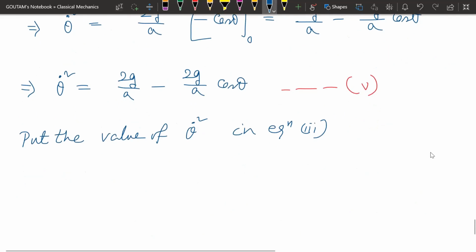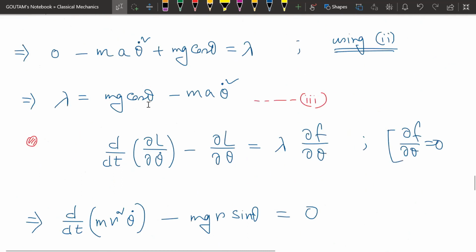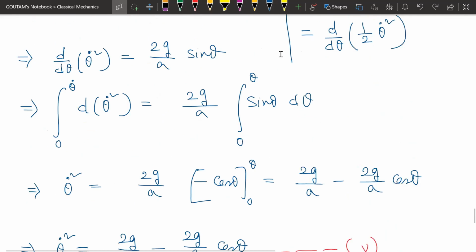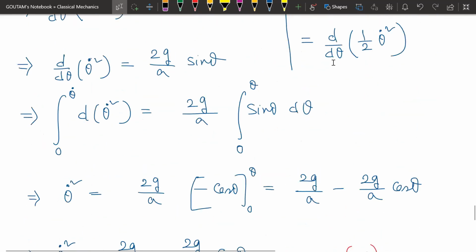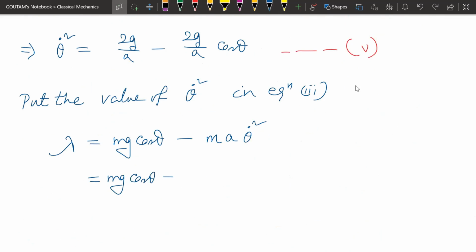Then we will get lambda equals mg cos theta minus ma theta dot square, which will be mg cos theta minus 2mg plus 2mg cos theta.